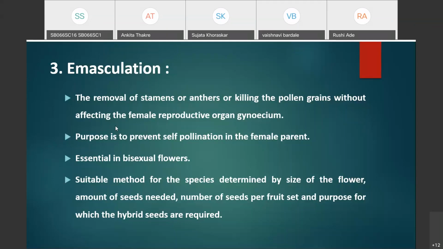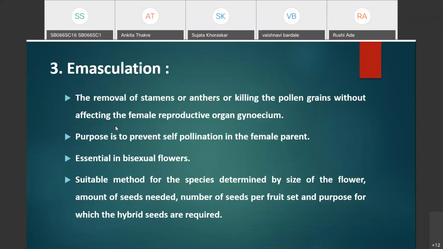But it is a very important and essential factor in bisexual flowers, because the male reproductive organ, the anther, and the female reproductive organ, the gynoecium, are both present in the same flower, and that's why emasculation is essential in bisexual flowers.